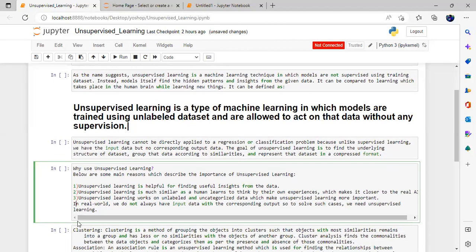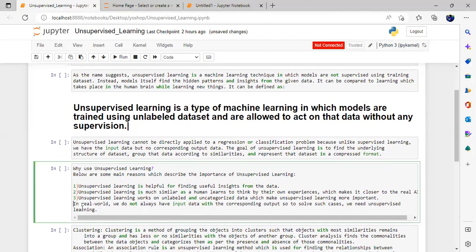Unsupervised learning works on unlabeled, uncategorized data, which makes it more important. In the real world, we do not always have input data with the corresponding output. So to solve such cases, we need unsupervised learning.